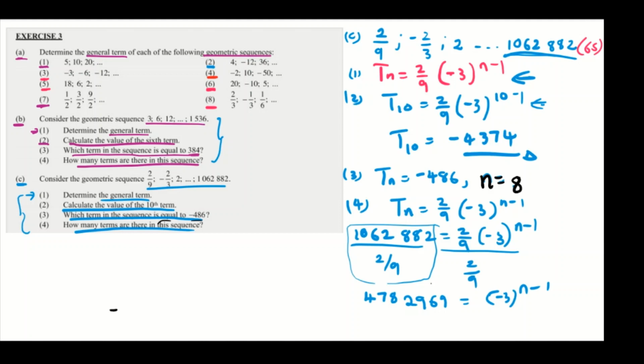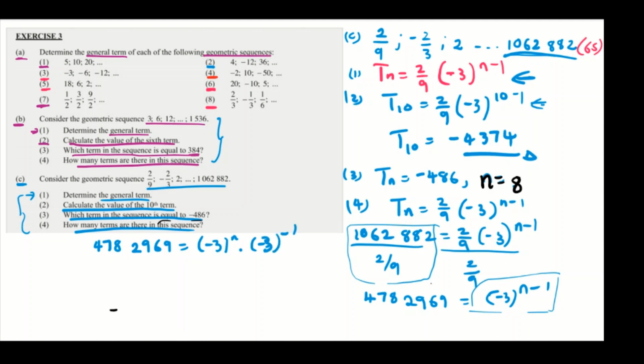Okay, so now we're having this here, so you can just simplify this part here. So you're just going to have 4782969 equals minus 3 to the power of n multiplied by minus 3 to the power of minus 1.